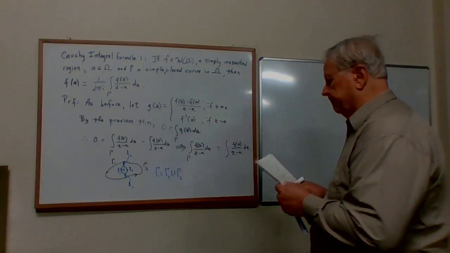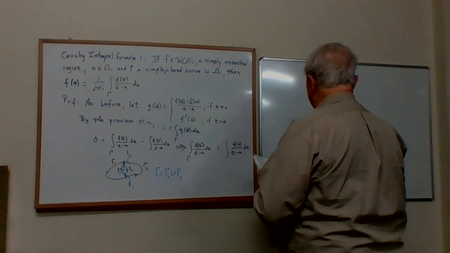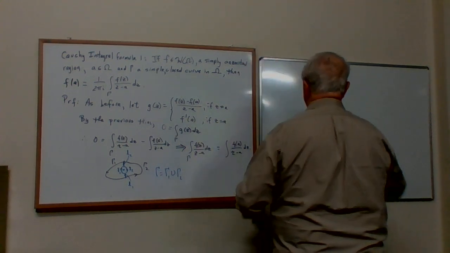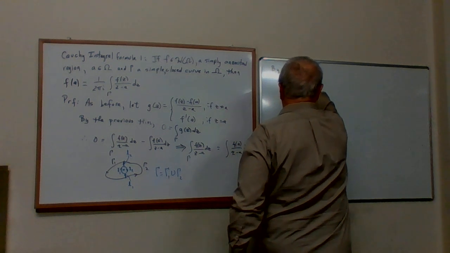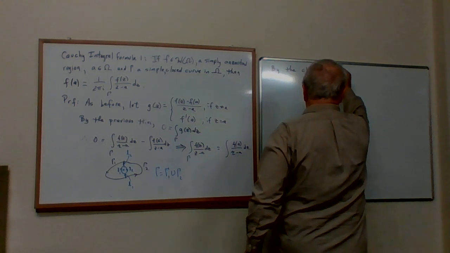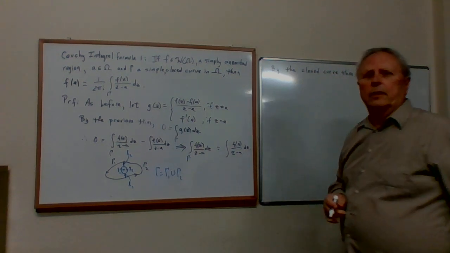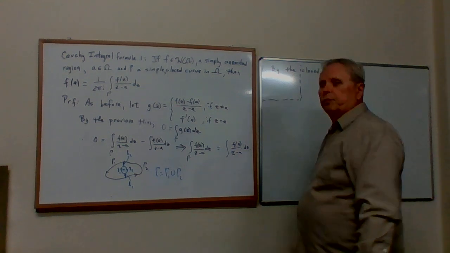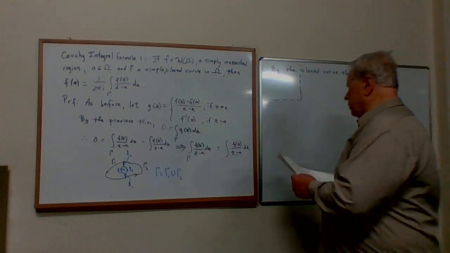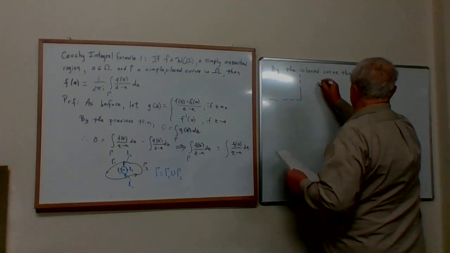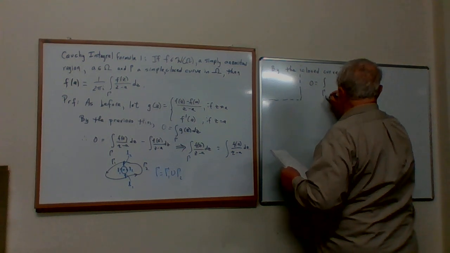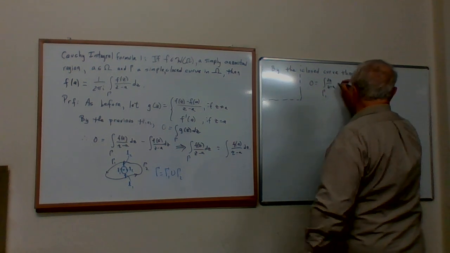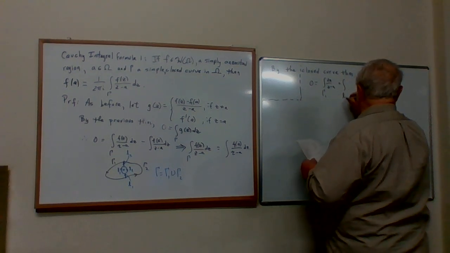So let's see where this thing goes. By the closed curve theorem, 0 is the integral over gamma 1 dz over z minus a plus the integral over L1.